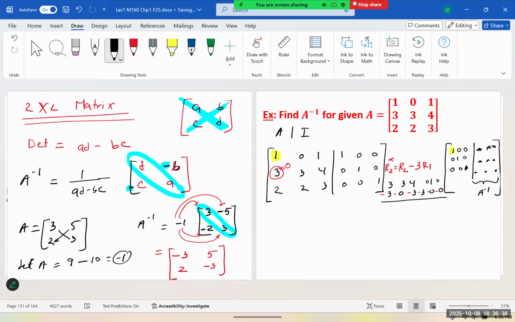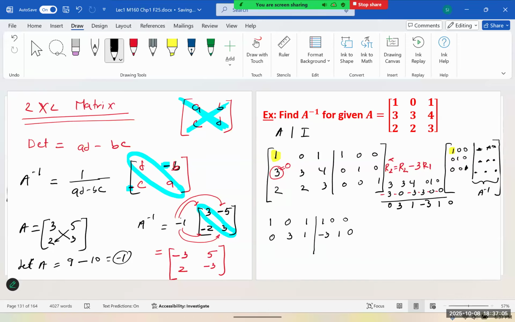So we got 0 3 1, -3 1 0. So 1 0 1 1 0 0, they're the same. Then we have 0 3 1, -3 1 0, right? 0 minus 3 is -3, then we have 1.